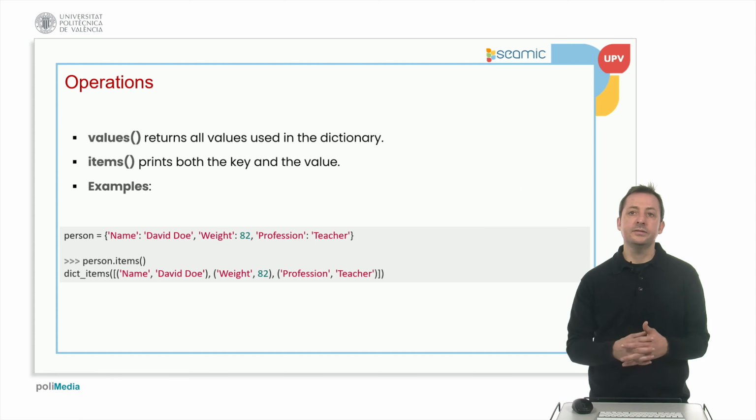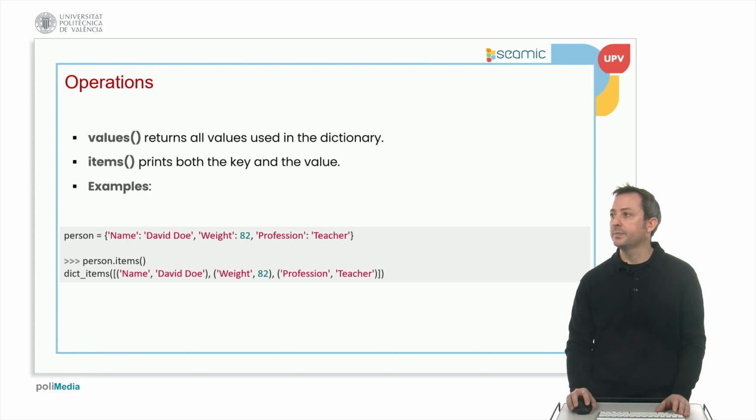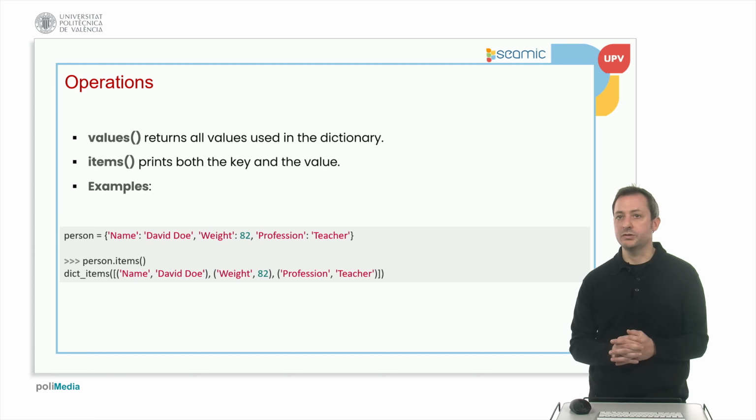So we could work with this method that provides us a list of keys. In a similar way, there are other methods that allow us to retrieve all the values of a dictionary. This method is values, and items allows us to retrieve all the elements of a dictionary.